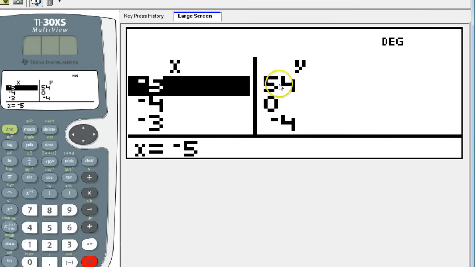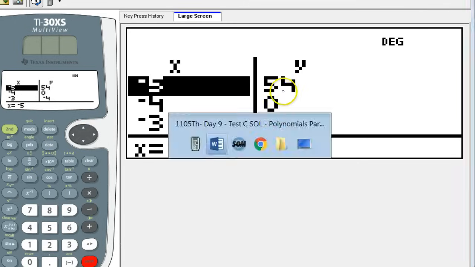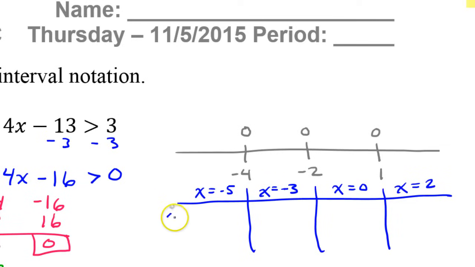So at -5, the function has a value of 54. We're trying to see, is this greater than 0 or not? And the answer is yes.